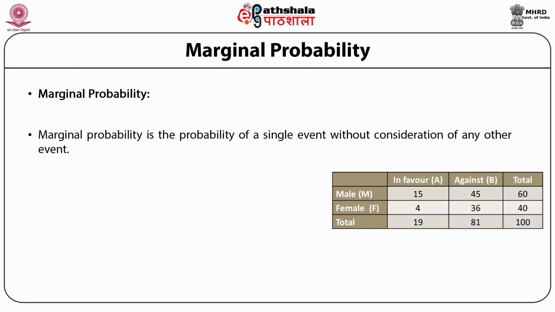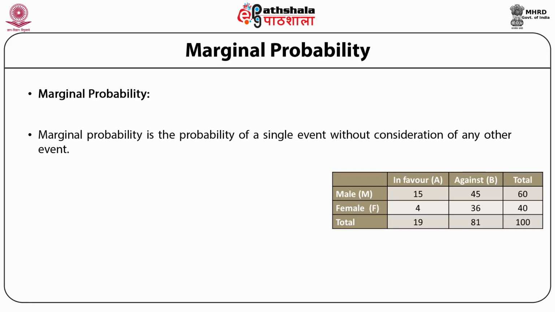Probability of A, in favor, is 19 divided by the grand total of 100. So favorable is 19 and the total number of items is 100. Probability of male is 0.60, that is 60 divided by 100.